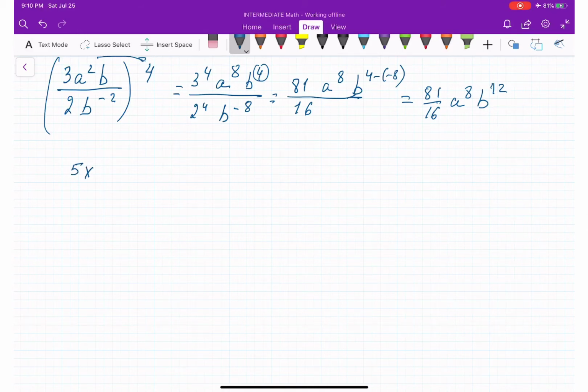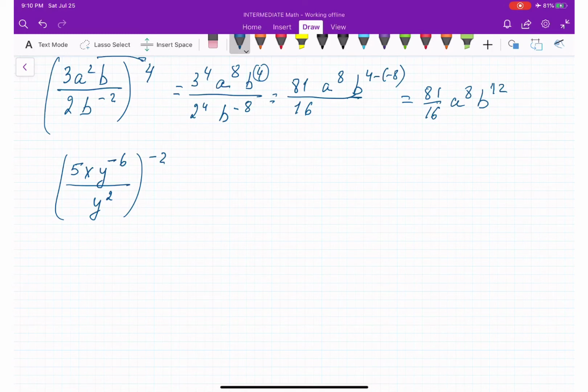5xy to the power negative 6 over y squared, and all this to the power negative 2.